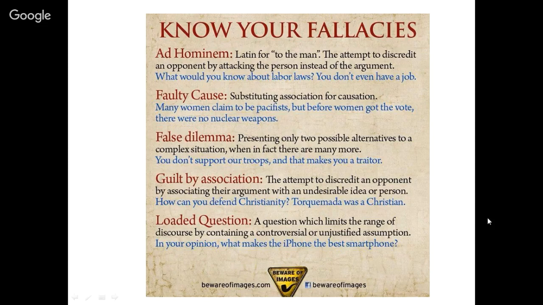So that makes you a traitor. So you have to define what a traitor is, and whether a support of something constitutes that you're a traitor.